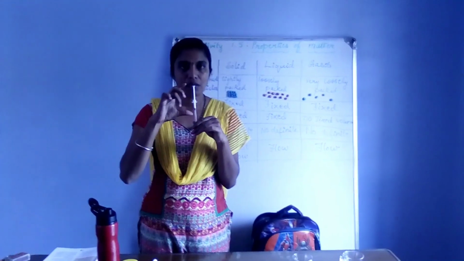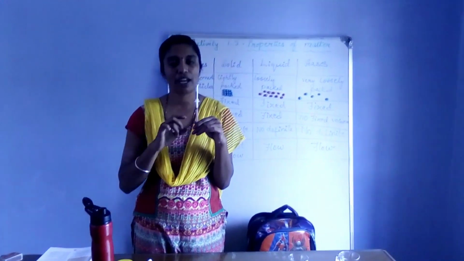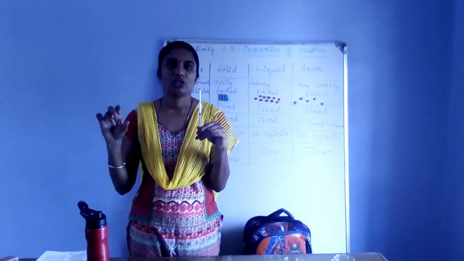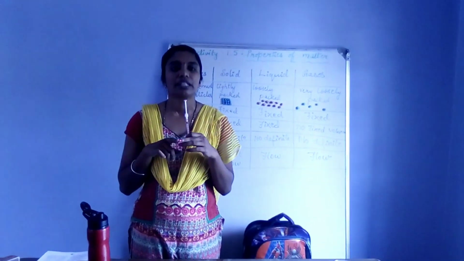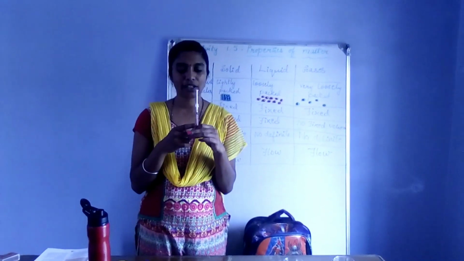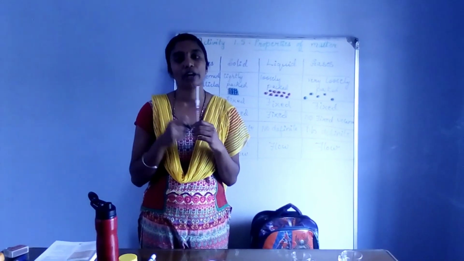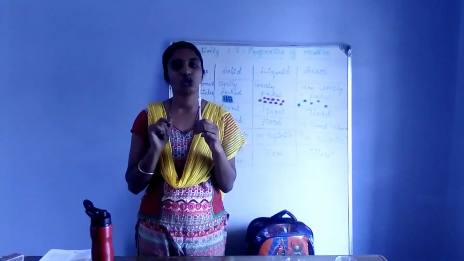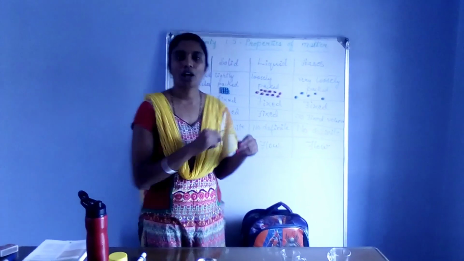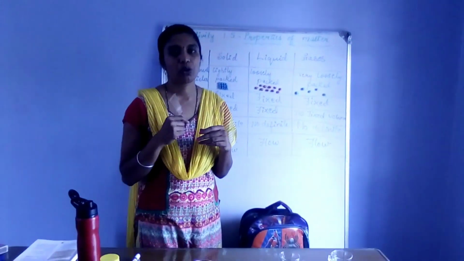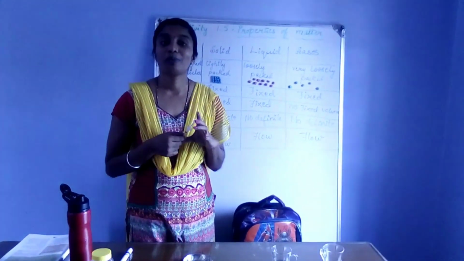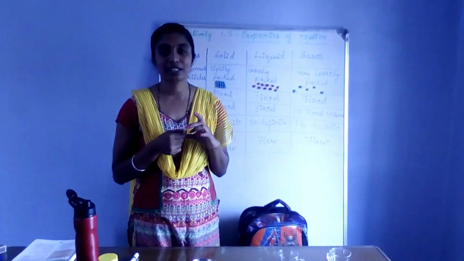See how the piston moves from the initial value to the final value and record the values, and you have to send the table to me. I'll send the format of the table in the group. You have to fill it and send it to me. You can even record a video like what I have done today and upload it to me, and we'll see how interested you are in conducting the experiment.